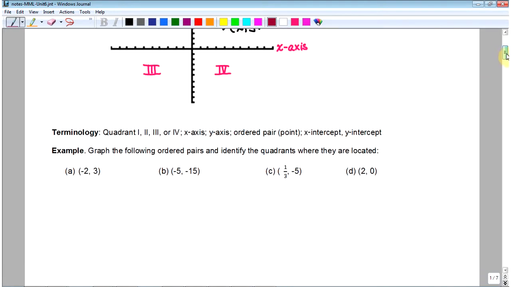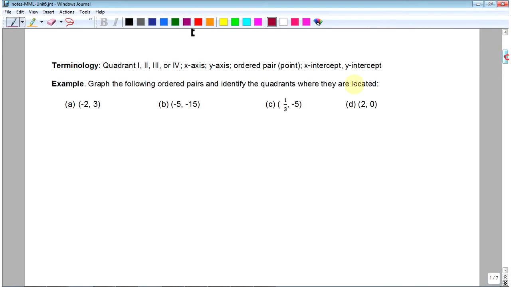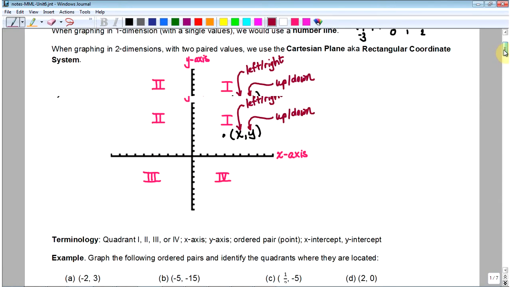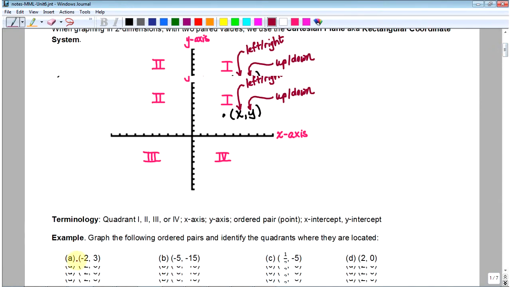For this example, graph the following ordered pairs and identify the quadrants where the points are located. Let me keep our visual there for you. I'm going to start by drawing my axes. My first coordinate, the -2, is x, and since it's negative, that means I need to go 2 spaces to the left.